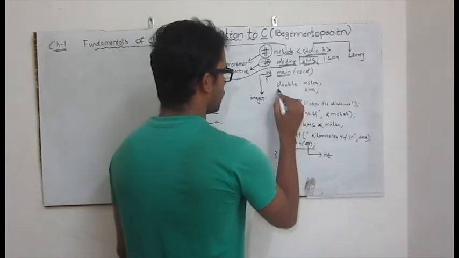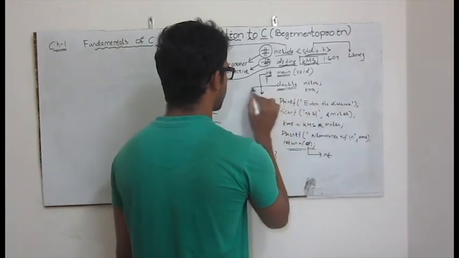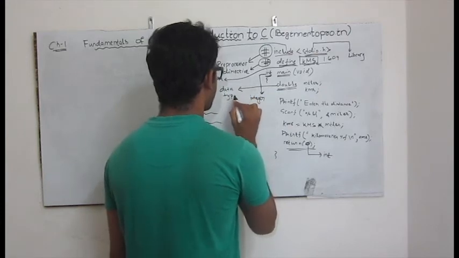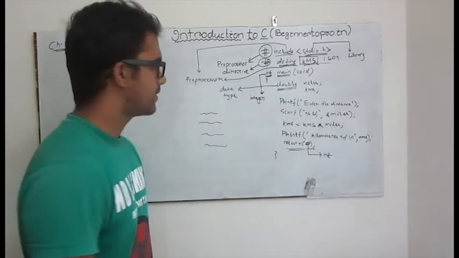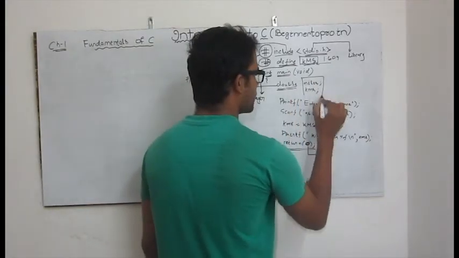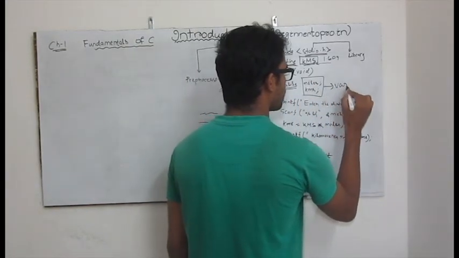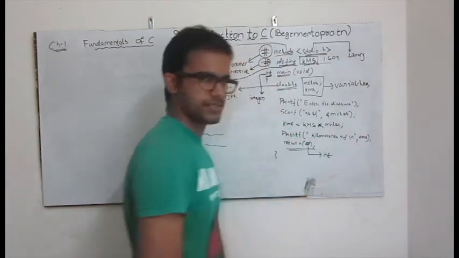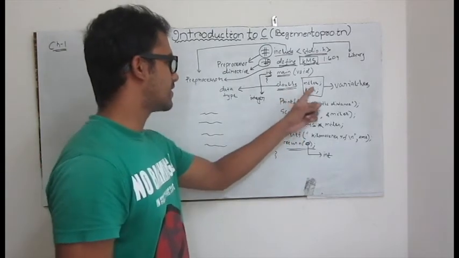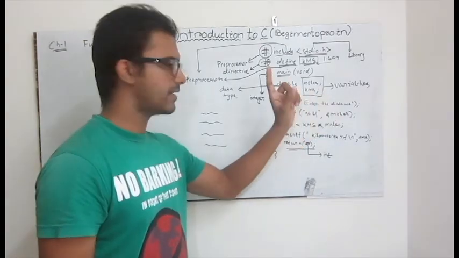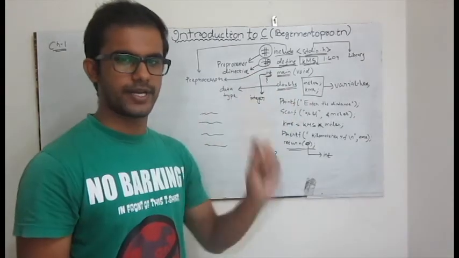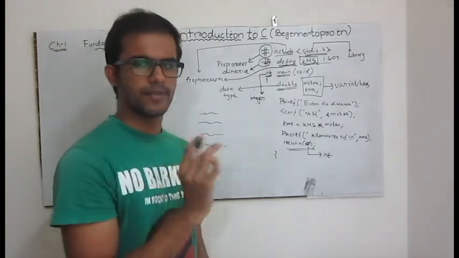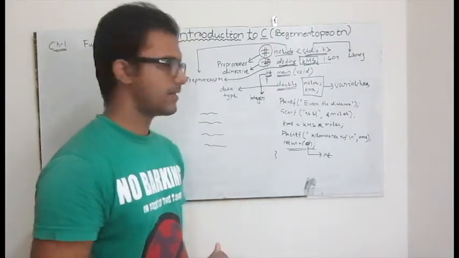Then here, what is this double? This double is the data type. We are telling our compiler that these are the two variables, and that the variables will accept only values of type double, meaning values having a decimal point or floating numbers.